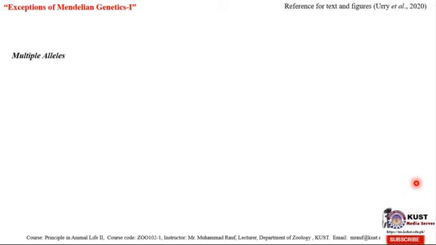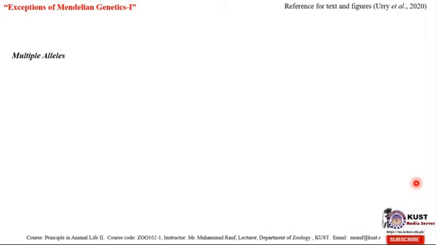So now we discuss multiple alleles. Multiple alleles means that in a single individual, a gene can exist in a maximum of two variant forms, which are called alleles.